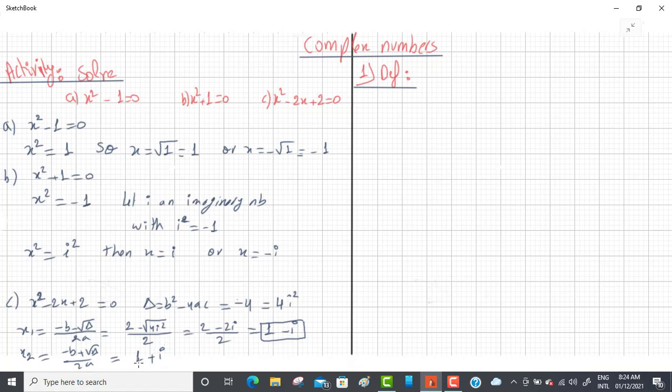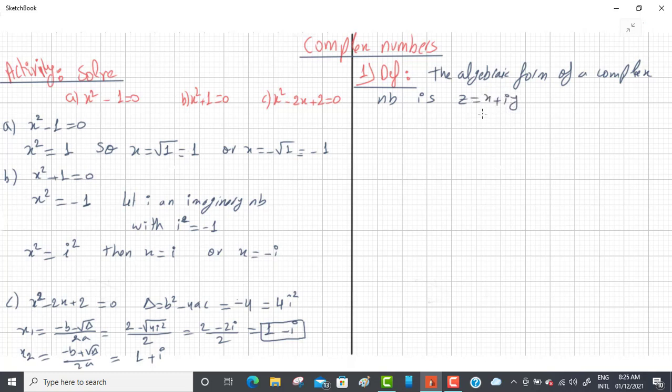A complex number is a number formed of two parts. First part is called real part and the second part is called imaginary part. Okay, by definition, the algebraic form of a complex number is z equal x plus iy.